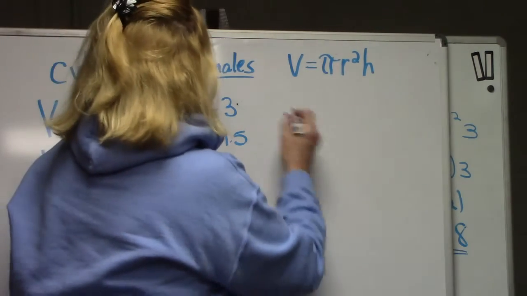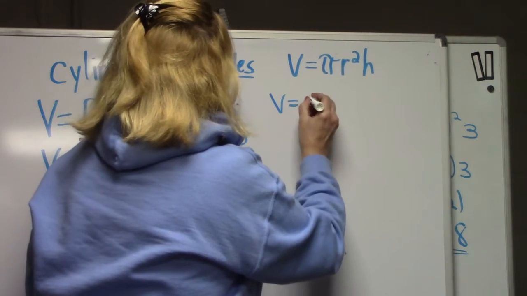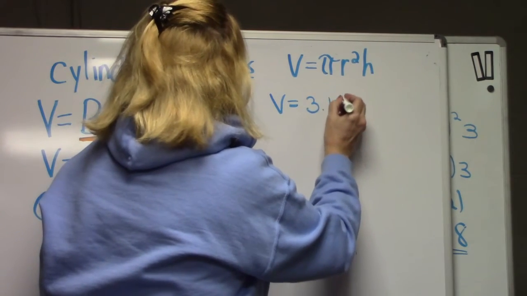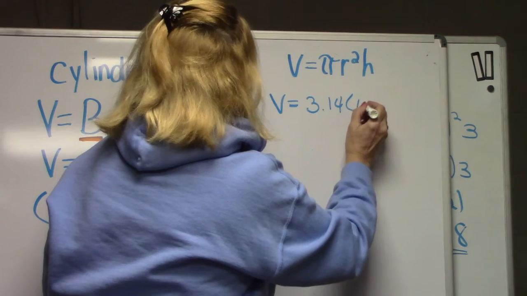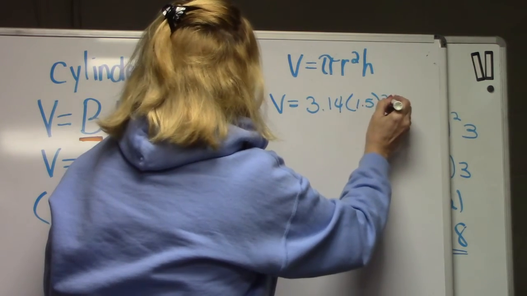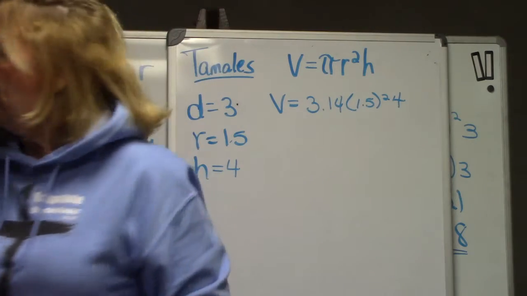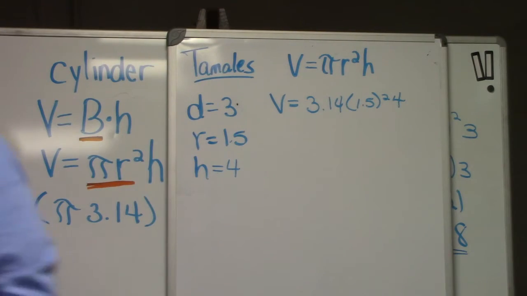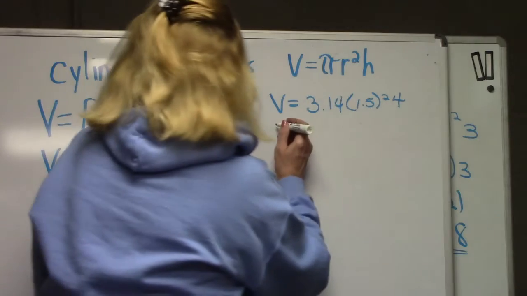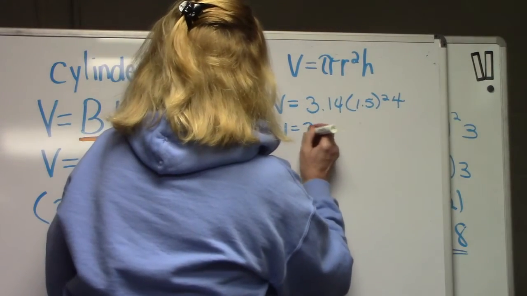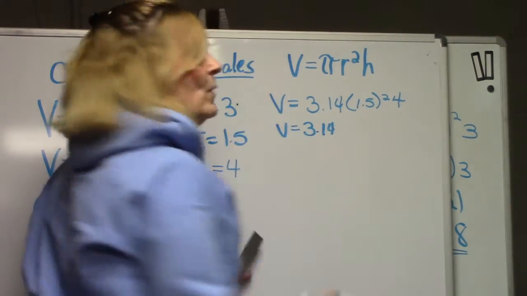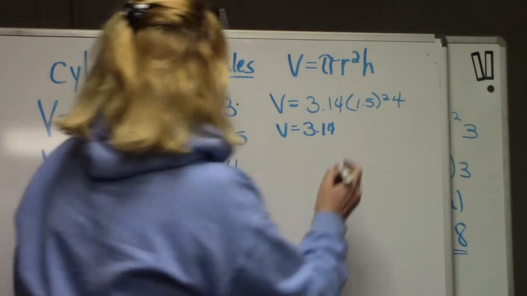So my formula would be volume equals 3.14 times 1.5 squared times 4. If you can punch that in your calculator all as one step, that's fine. If you can't, you can break it down one step at a time. Volume equals 3.14, which is always what we're going to use for pi.